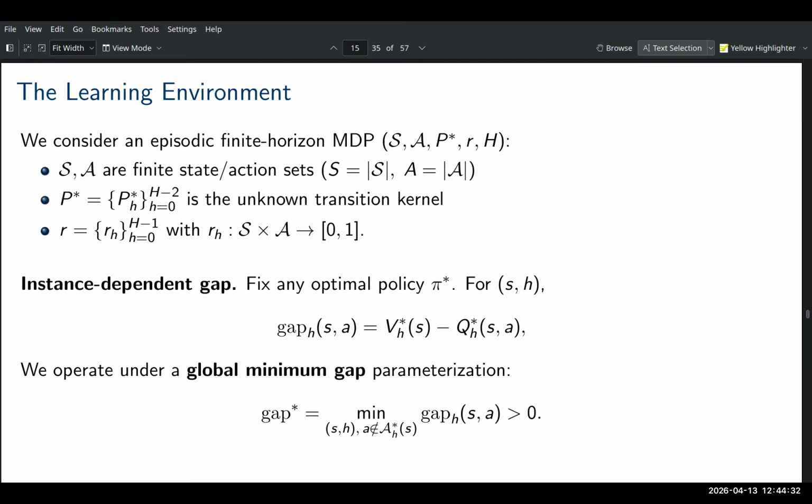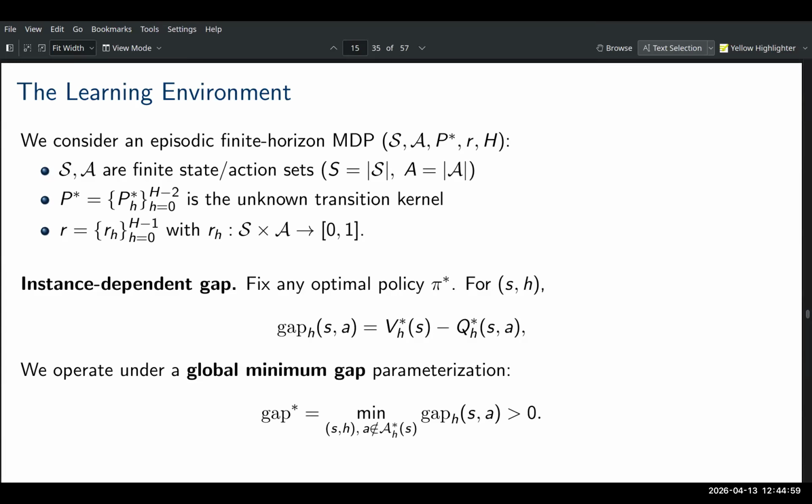We're looking at the instance-dependent case. And remember, when we were talking about the multi-armed bandit and saying instance-dependent case, the regret you're going to get is in terms of the difference of the performance of the best arm and the second best arm. In RL, it's going to be the difference of the performance between the best action, V star being the value function associated with the best policy, and any other action.